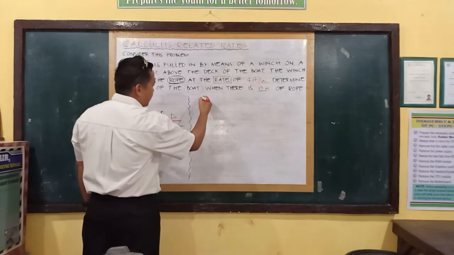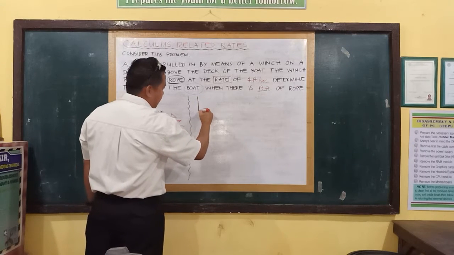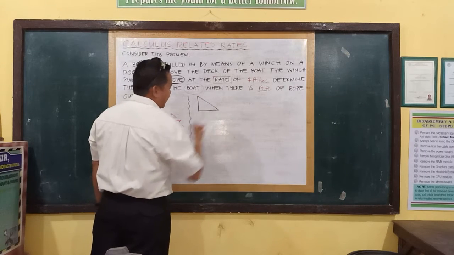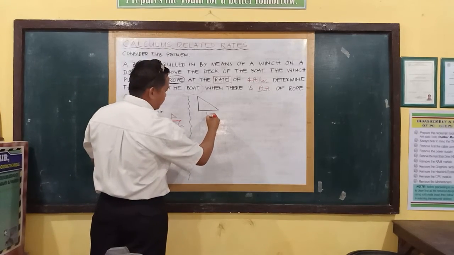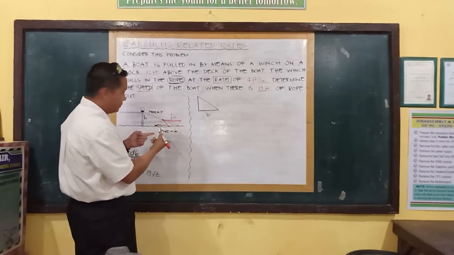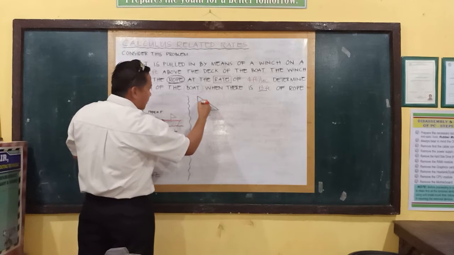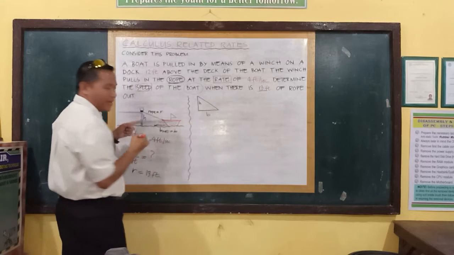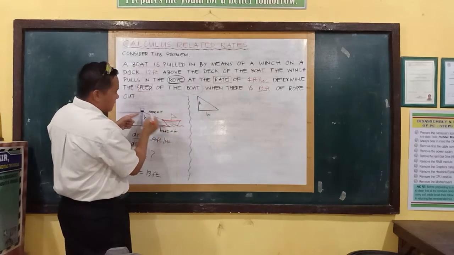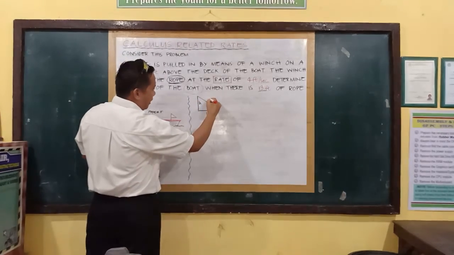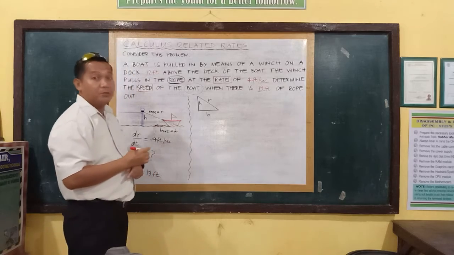So what we have here is this one. This is our B, which is our boat, and this is our H, the height of the deck, and the whole thing out here is our rope, which is R as our hypotenuse.